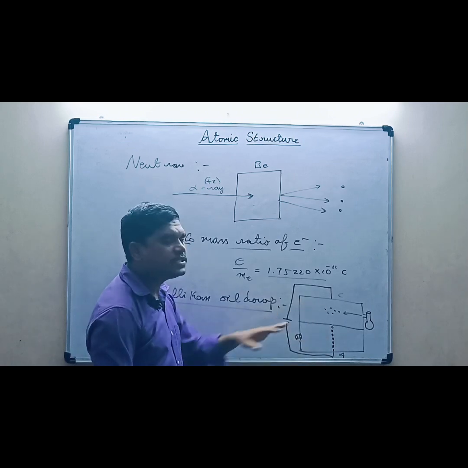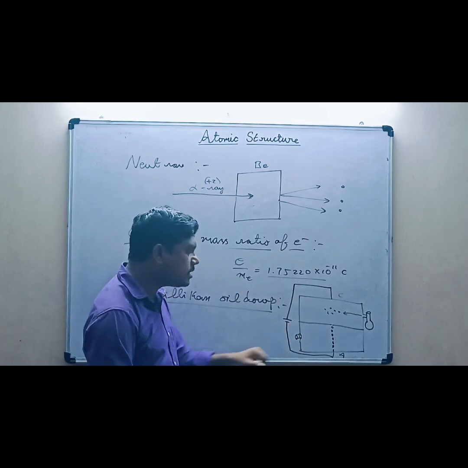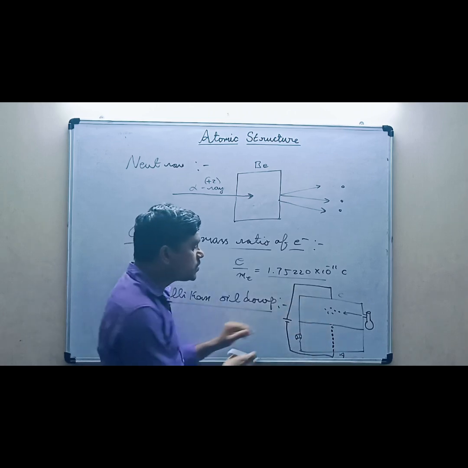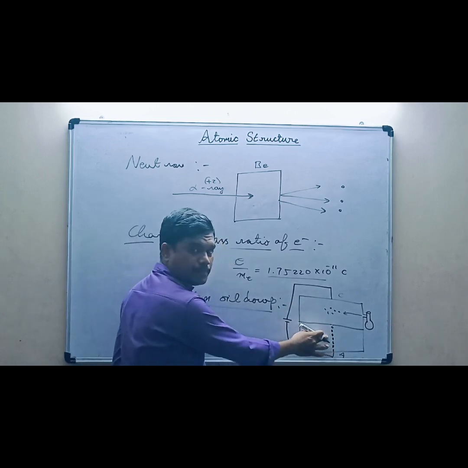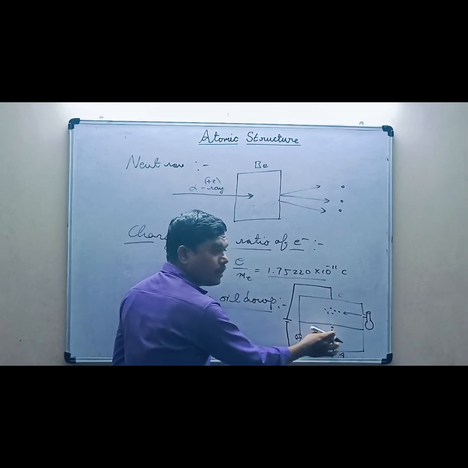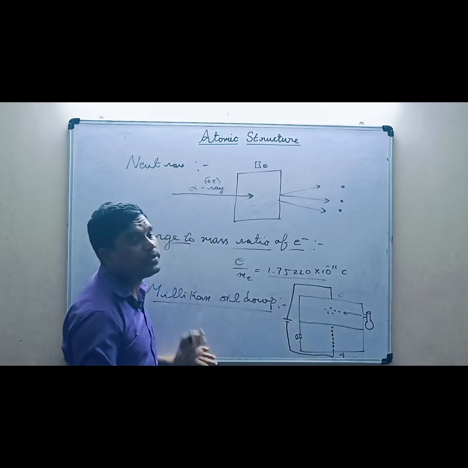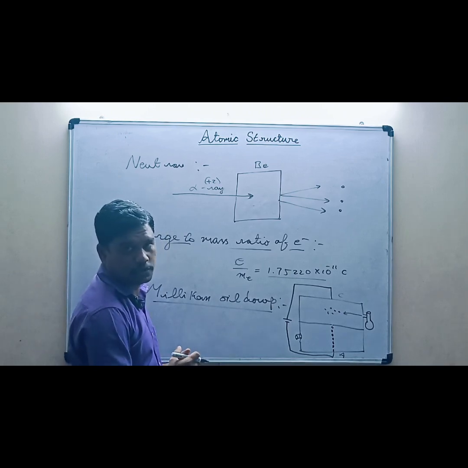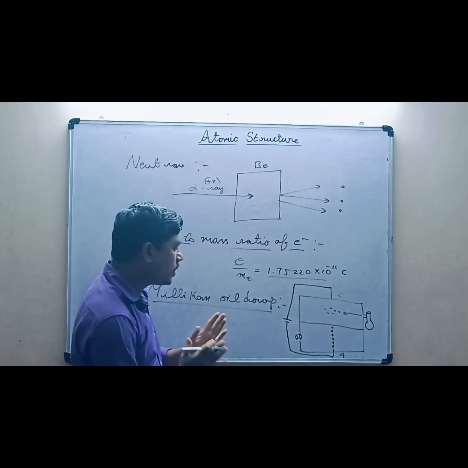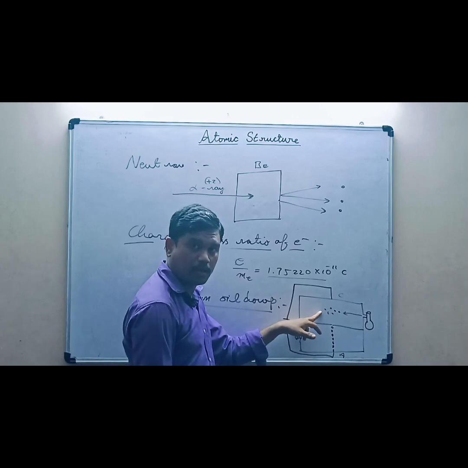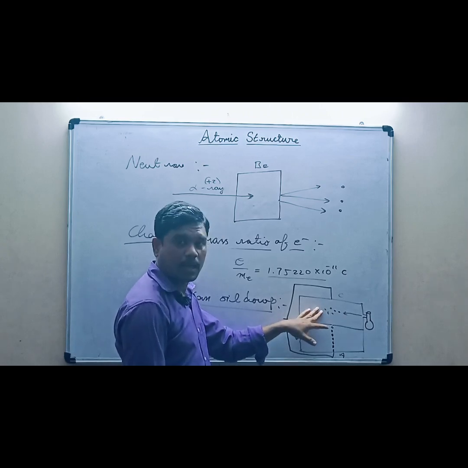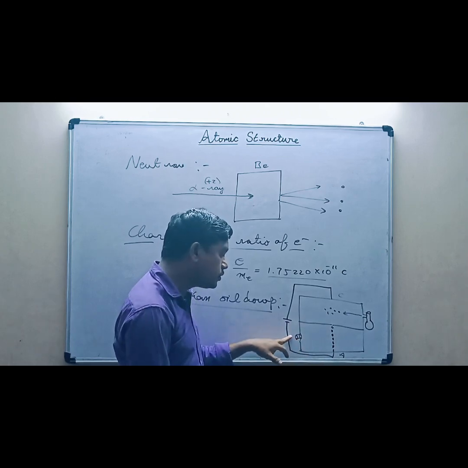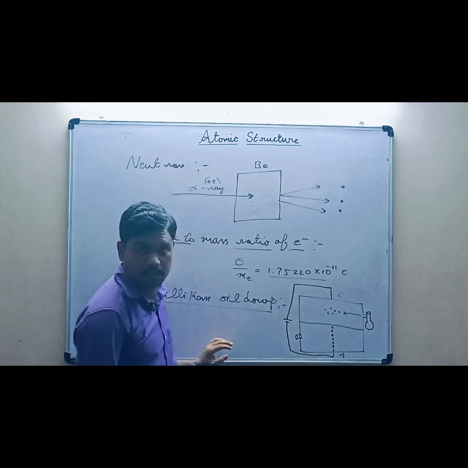So we can't see the electrons, but we can see the oil drop. So by checking the speed of the oil drop, they could find the charge of the electron. So you understood, I think. What he has done is taken oil and sprinkled it, and the sprinkled oil is sent to the anode, and that is observed through another chamber, right?